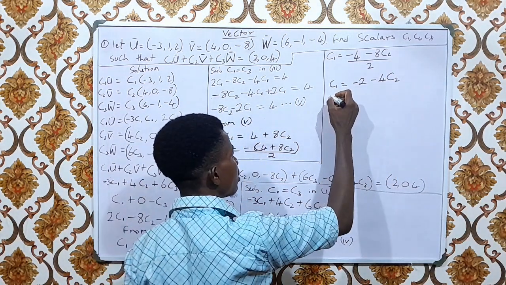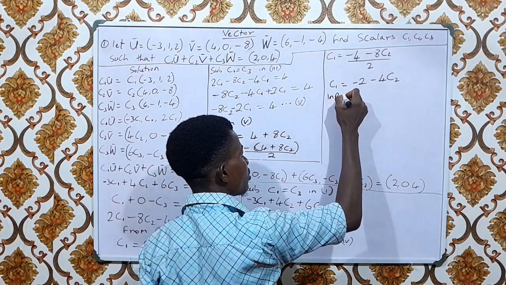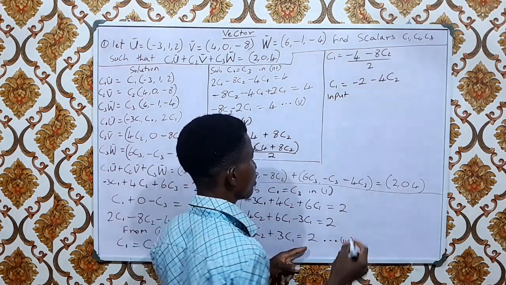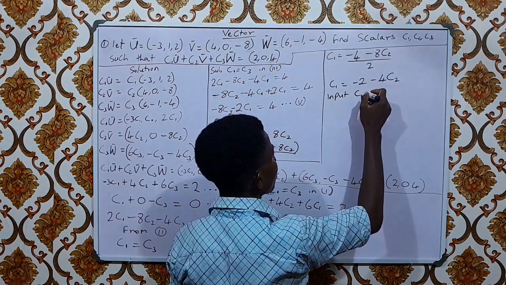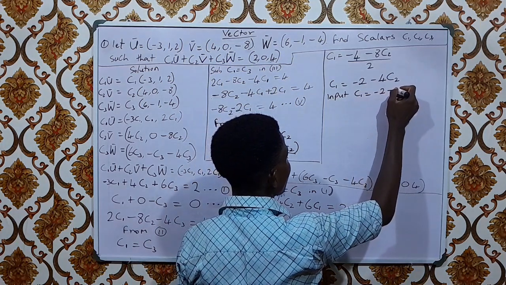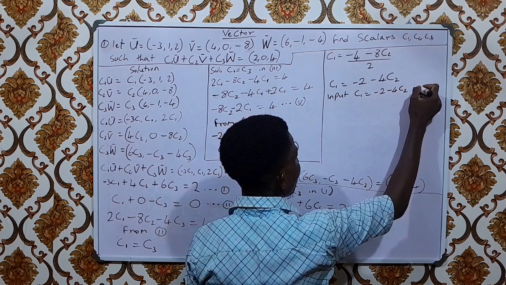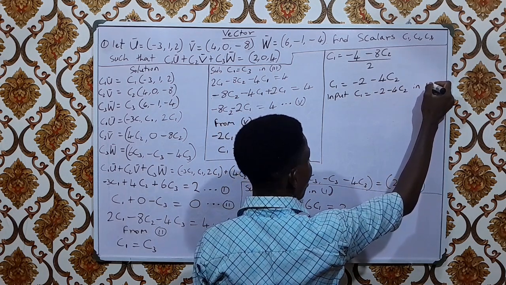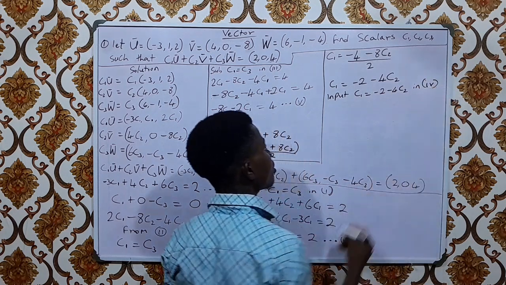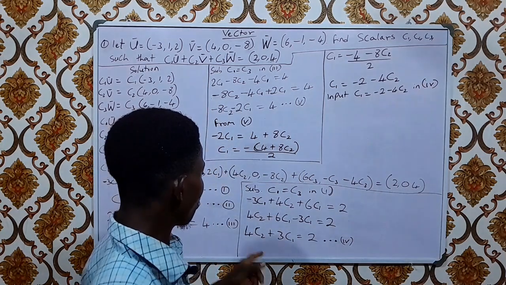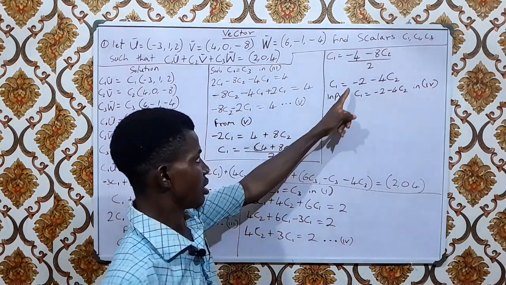Now we say input C1 equals to minus 2 minus 4C2 in IV. So we put this into this.